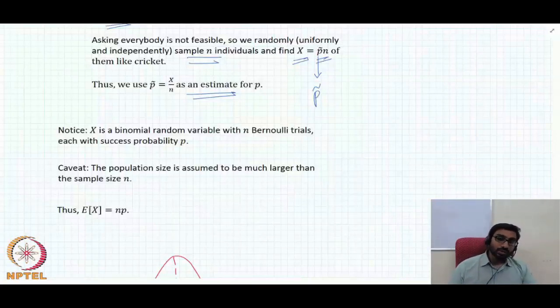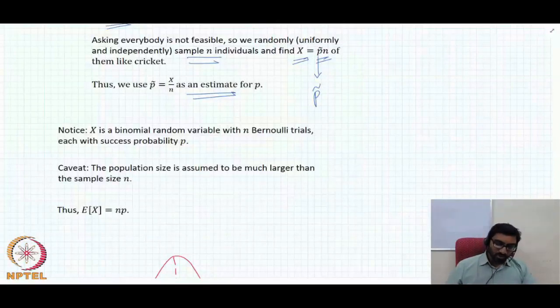Now suppose the population is very, very large in size compared to the number of samples that we're going to make. Then in essence, every sample that we draw from the population is going to be independent of the other samples that we made.